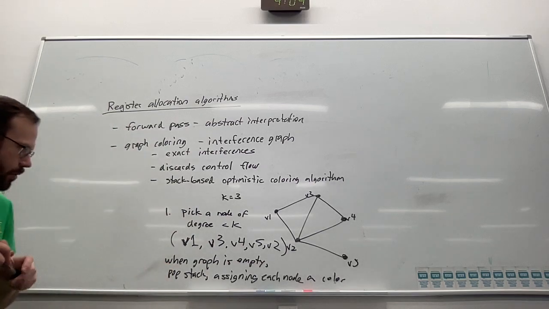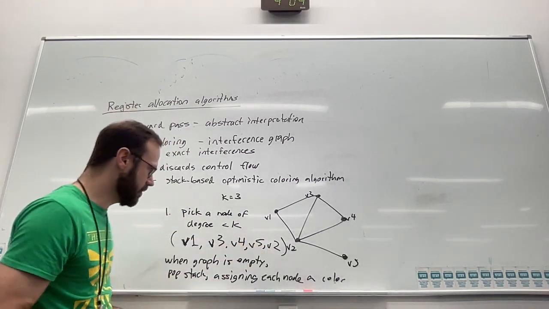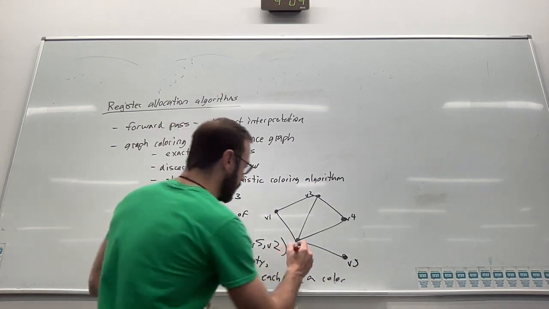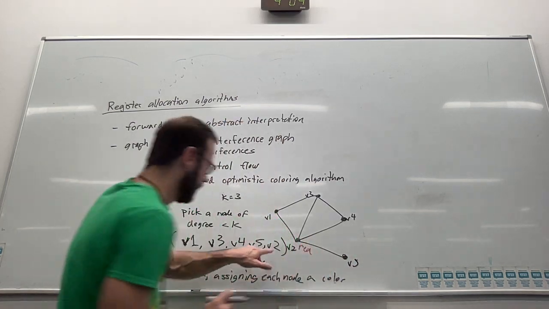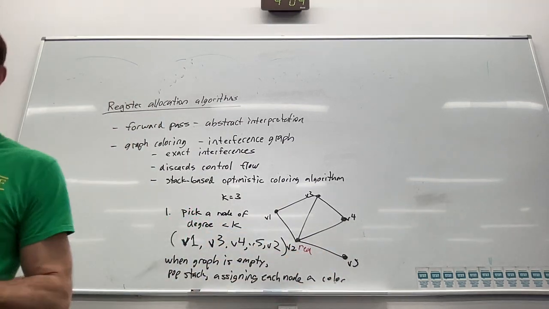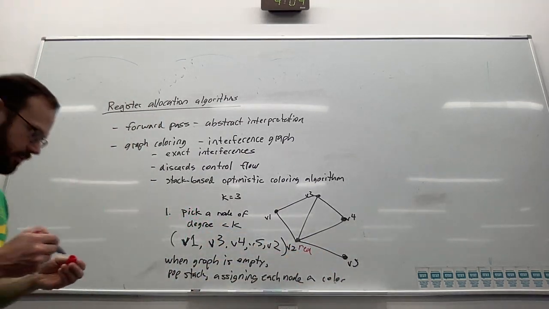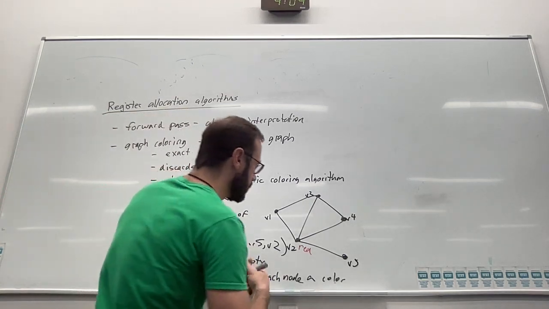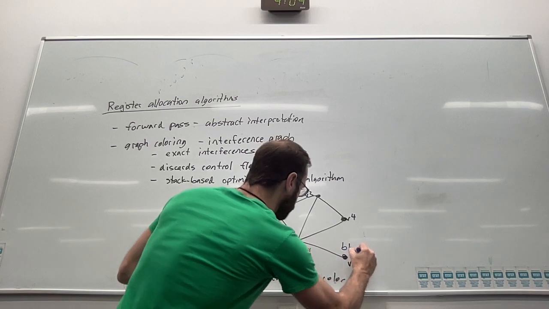If we pop V2 first, we've got to pick a color. Thankfully, I've got 3 colors, so we're going to go with red for V2. Then when we pop V5, we have to make sure that we don't assign it a color that is the same as any of its neighbors, so it needs to be either blue or green. Let's say we do blue.